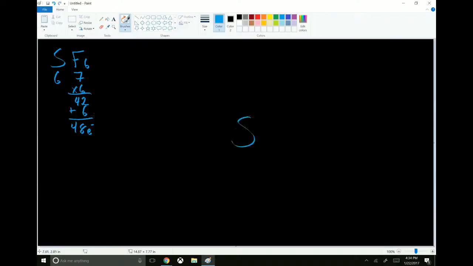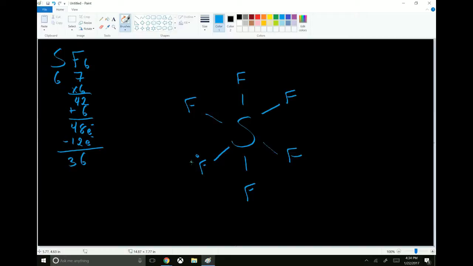Sulfur is in the middle here. So we surround it with our 6 fluorines. That uses up 12 of our electrons, leaving us with 36. Now, for the task that won't be even a little bit tedious, we're going to surround each fluorine with non-bonding pairs.